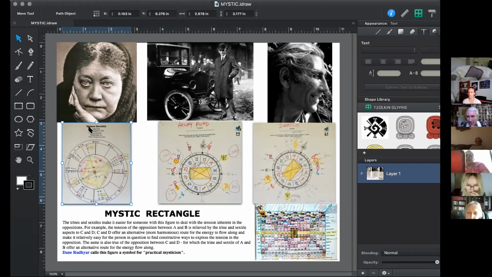Well, as you'll see in the bottom right-hand corner, this is a graphic that is based on the Mayan calendar known as the Tzolkin. This is the most sacred of all, I think, 19 Mayan calendars.